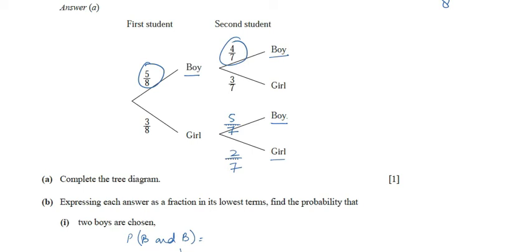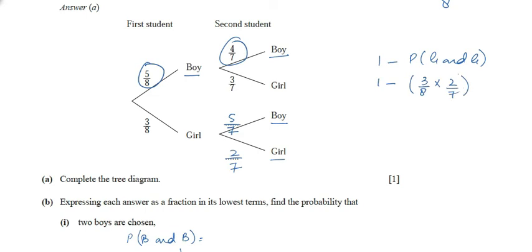Now the probability of girl and girl is 3 upon 8 multiplied by 2 upon 7. If you multiply these two probabilities and subtract from 1, it is 1 minus 3 upon 8 multiplied by 2 upon 7.